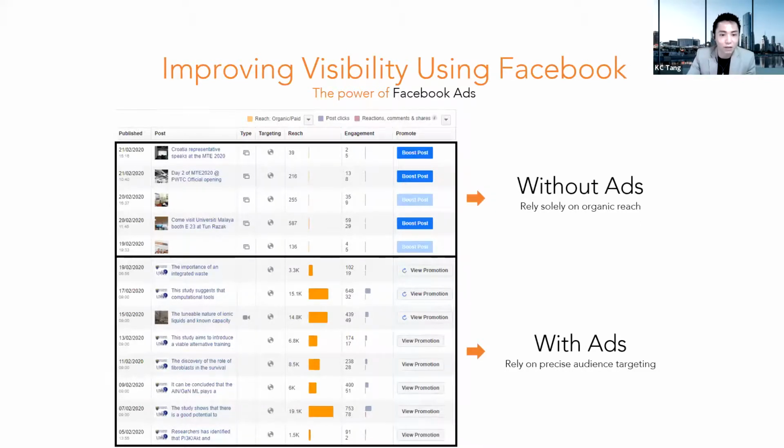That is their algorithm, but that is business, I can't comment on that. But ultimately, you can see from this diagram itself, a comparison with ads and without ads, the amount of reach is very different.